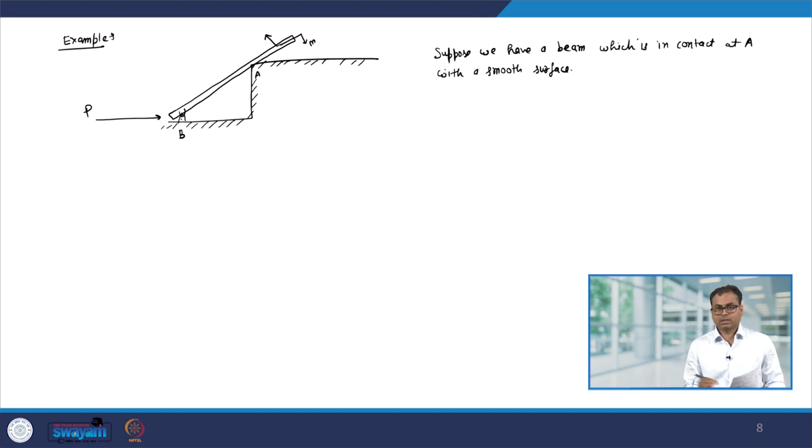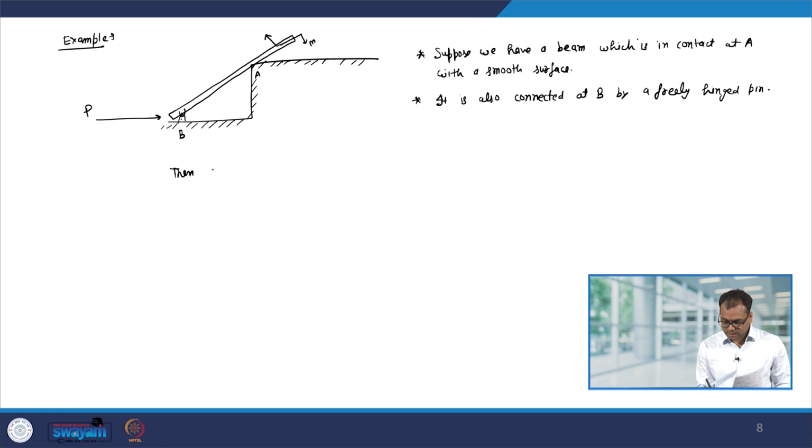So, that means the frictional force will not act, and also let us say it is connected at B by a freely hinged pin. Since this pin is free, therefore, it will not support the moment.